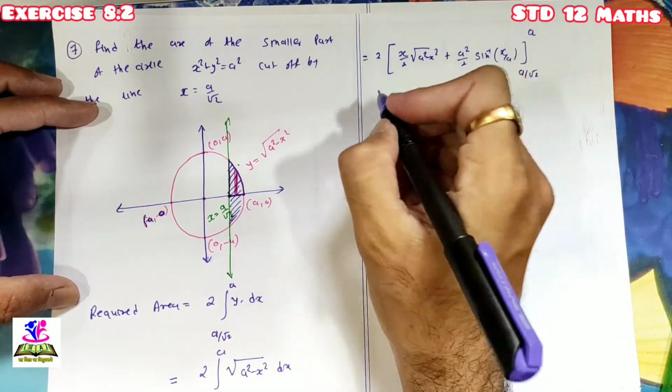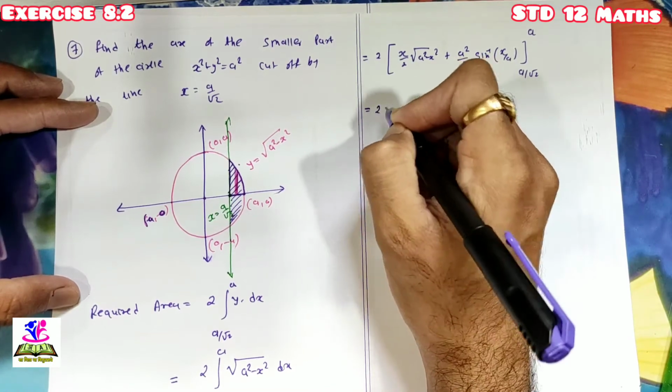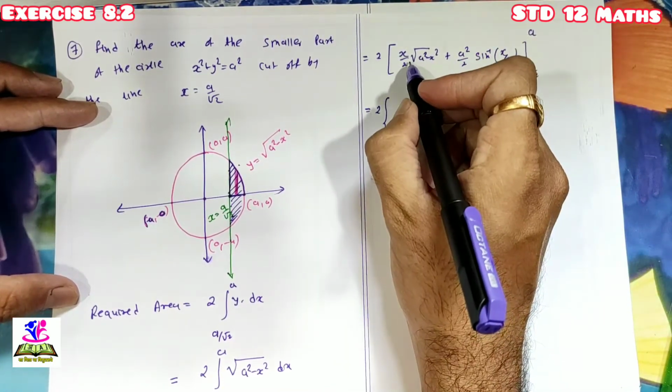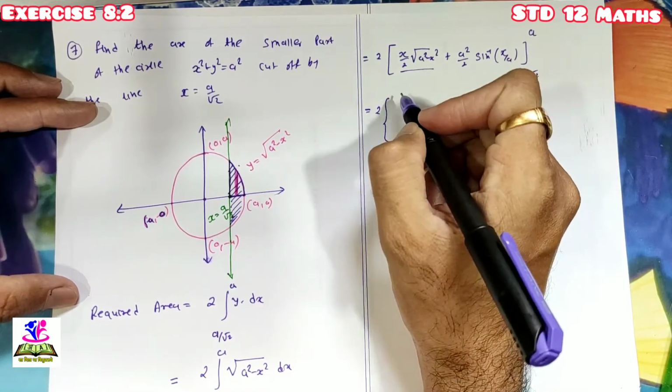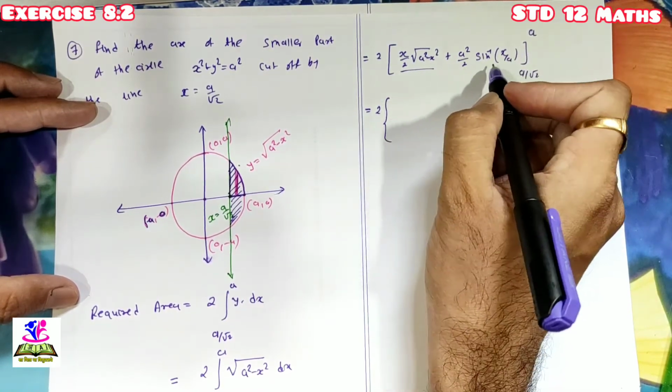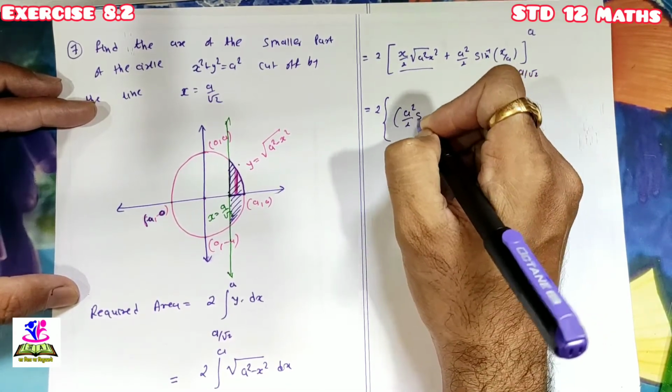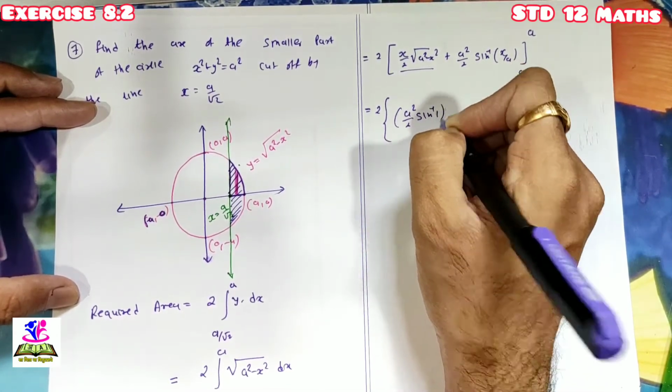Done. Put the values. This is 2 into, first put x equal to a. If you put x equal to a, this term will be 0, and this will be a square by 2 sine inverse 1.